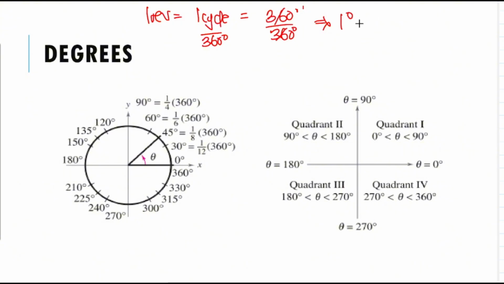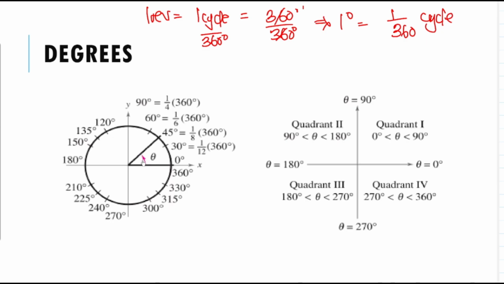So 1 degree will be equal to 1 over 360 of a cycle. This is the formula for degree, and this is the initial definition of degree. Degree is used to measure angle, and the definition is derived from a circle, a circular revolution. That is why the total angle in a circle is 360 degrees, and we can see the analysis in this diagram.